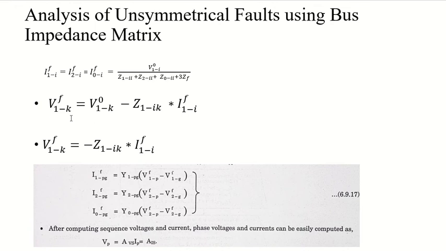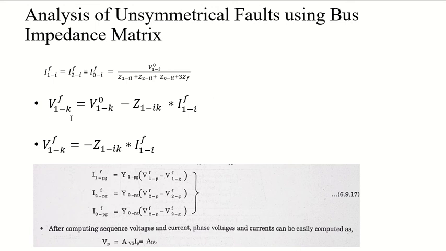V1 minus K raised to F, the fault voltage, will be equal to V01 minus K minus Z1 minus IK into I raised to F1 minus I. Here the value of K keeps changing from 1 up to the number of buses, n. And V raised to 0 1 minus K is the pre-fault positive sequence voltage at bus K. Similarly, Z1 minus K is the IKth component of my Z1 bus.